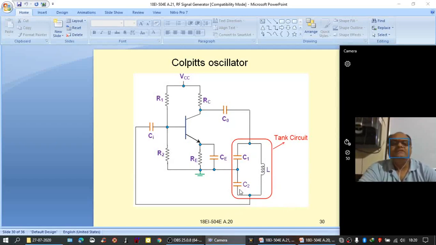In both cases, a fraction of the output is applied as input. And the tank circuit frequency here is 1 by 2 pi root L into C1 plus C2. In the previous case, it is 1 by 2 pi root C into L1 plus L2.